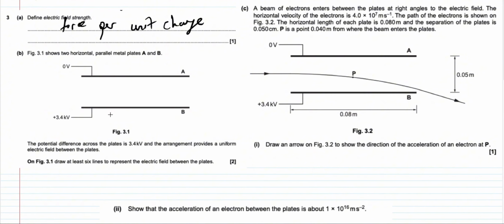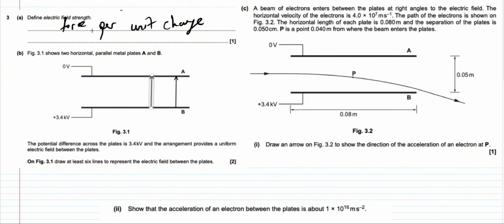All right. So plate B would seem to be the positive plate because it has a positive potential, and so I would expect that my E field lines would be moving from the positive plate to the negative plate, so in a sense it will be moving from plate B to plate A.